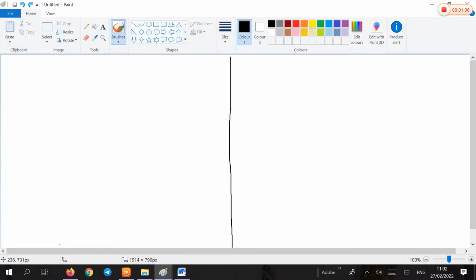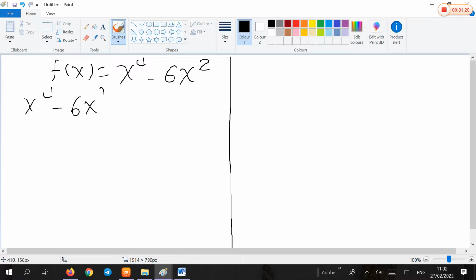So if the function is given by f of x equals x to the power of 4 minus 6x squared, the numbers which make x to the power of 4 minus 6x squared equal to 0 are the x-intercepts, or the zeros or the roots of the given function.